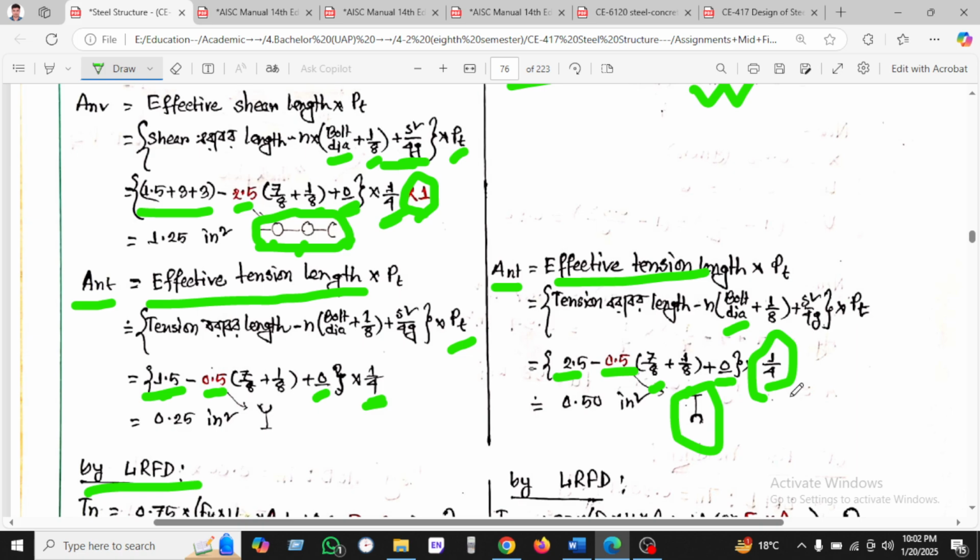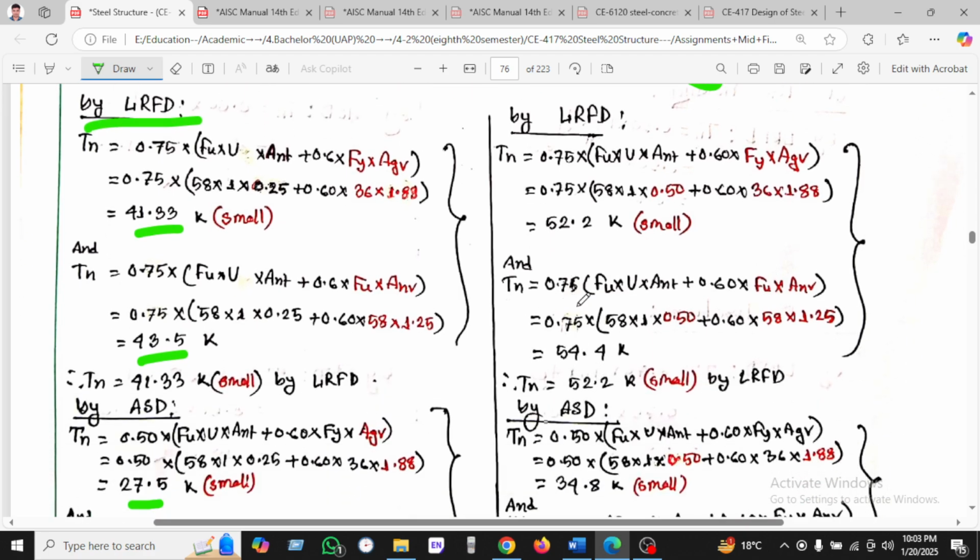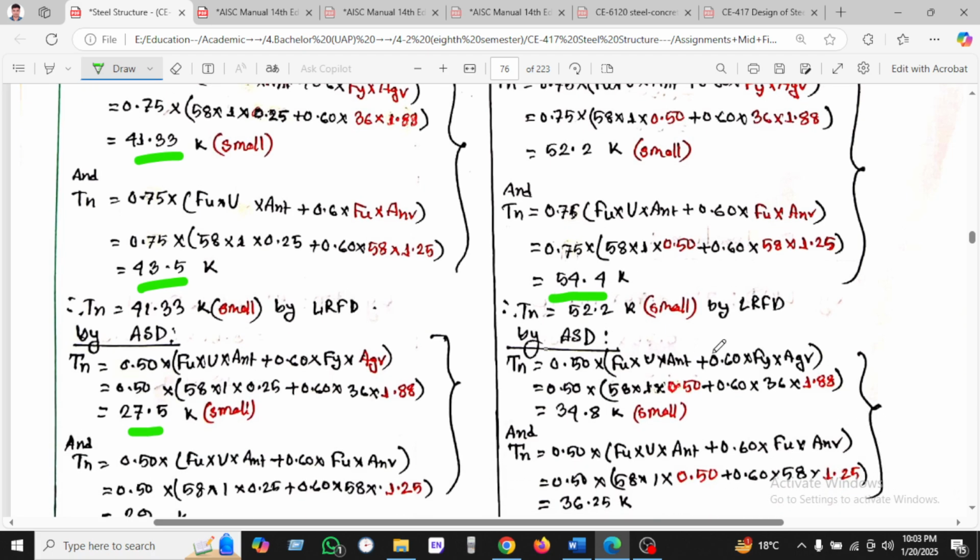By the LRFD method, we have found 0.70 Fu Ant plus 0.60 Fy Agv, and found 52.2, and then using the other formula we found 54.4.